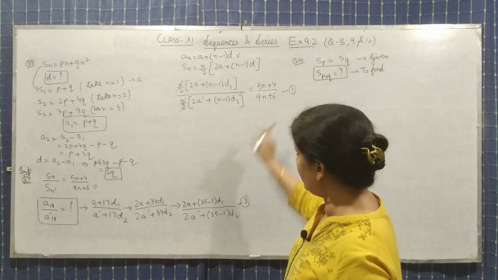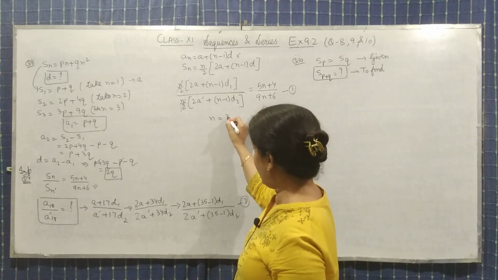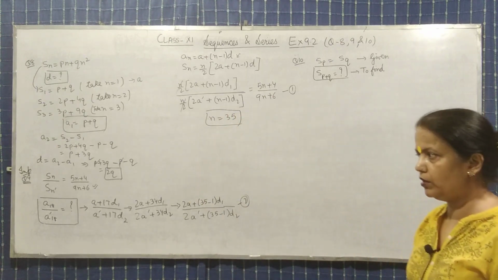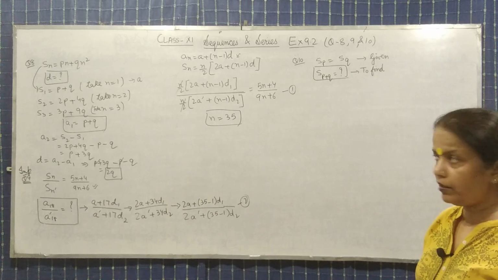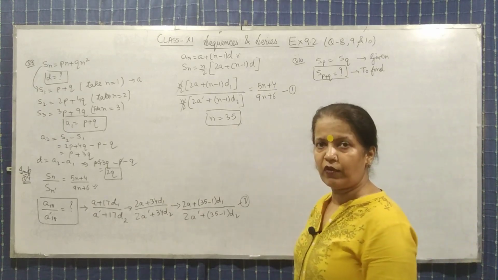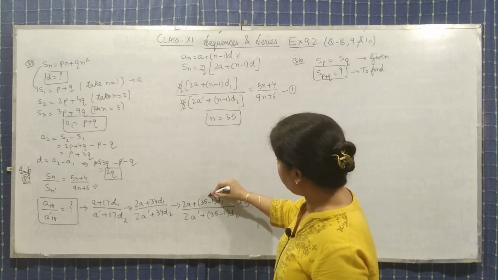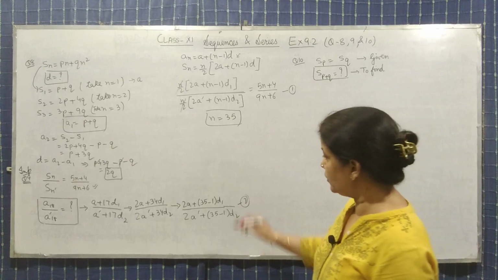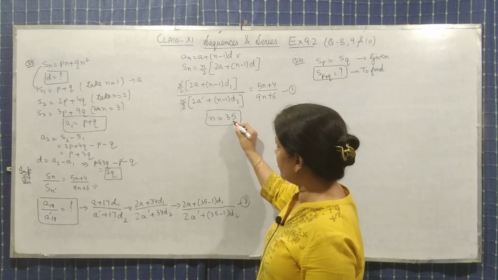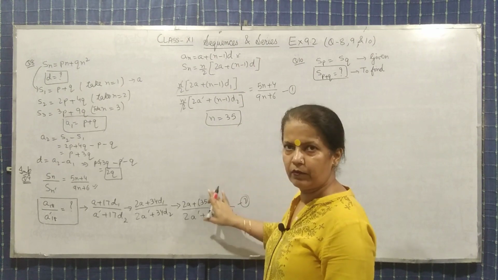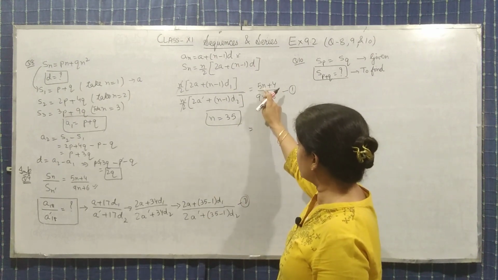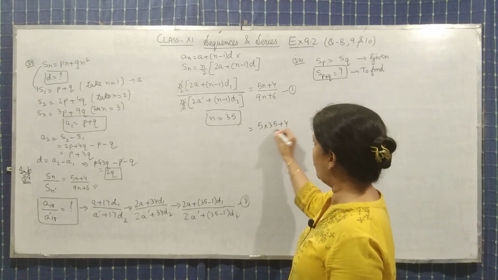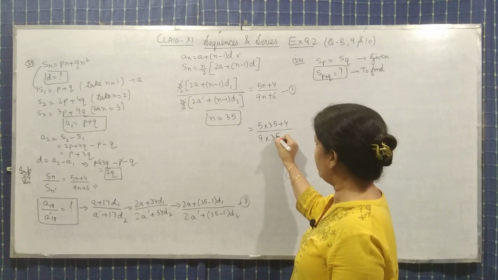So by comparing these two, you will get n as 35, isn't it? Is it clear? You will get n as 35. Now if you see this part and this part, both of them will be the same. Instead of n, if we put 35, both the things will be the same. So substitute 35 instead of n: 5 into 35 plus 4, upon 9 into 35 plus 6.